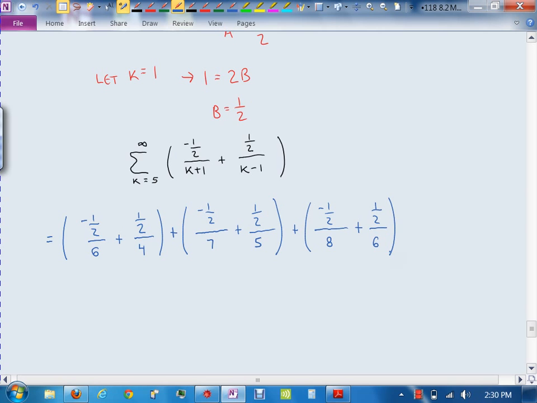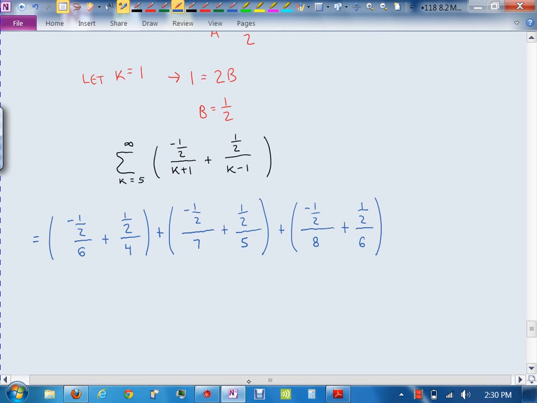Until I got to this one. 1/2 over 6 is going to cancel with the negative 1/2 over 6. But none of these were canceling, were they? Okay, this is a good example because you got to see this. Sometimes the way a telescoping series collapses is really weird. To finally start to see the pattern of cancellation takes you listing out a bunch of stuff. So I'm going to keep going here.